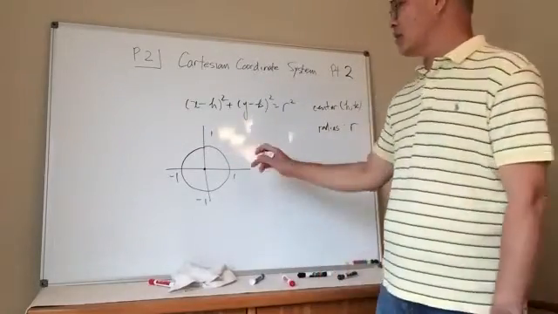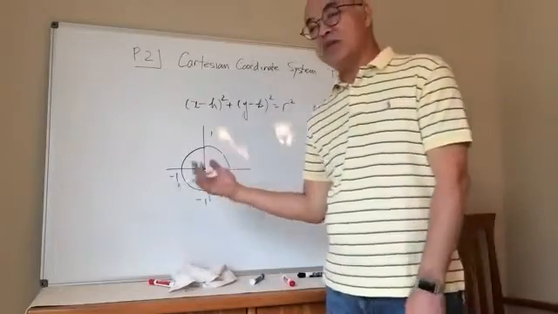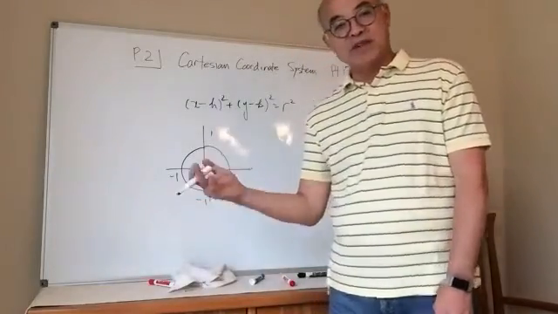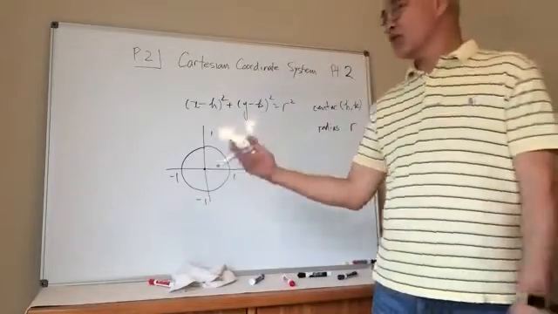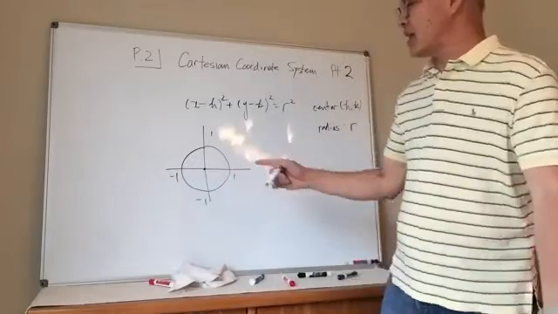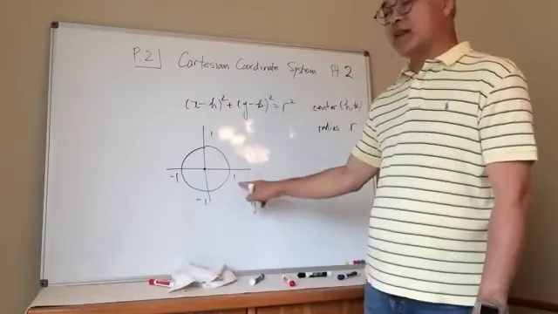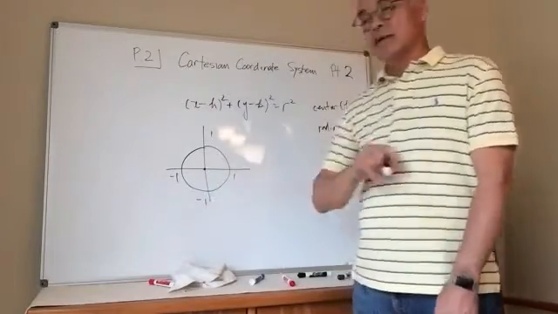You will become very familiar with the unit circle in the second semester, when we start doing trigonometry. It's a unit circle because its center is at the origin and it has a radius of 1.